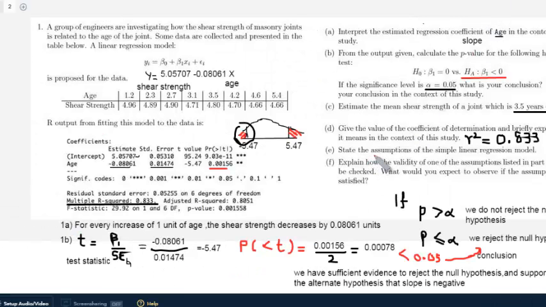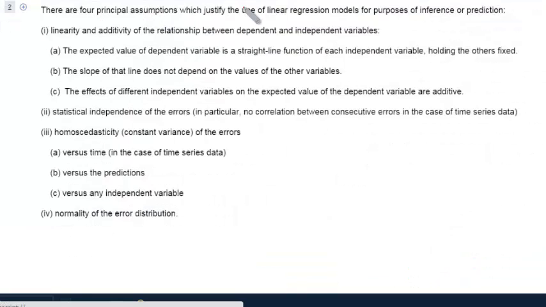This is just the theory part. State the assumptions of the simple linear regression model. Here the four basic assumptions of the linear regression model are given. It's clearly given. It's just the theory part. I will be further attaching a more elaborate theory on how to detect the errors.